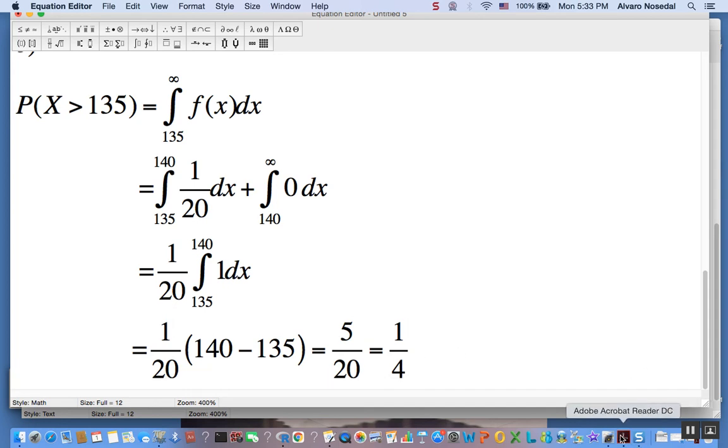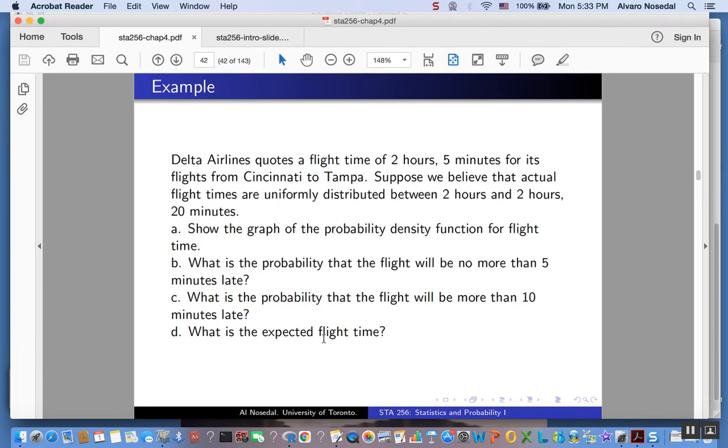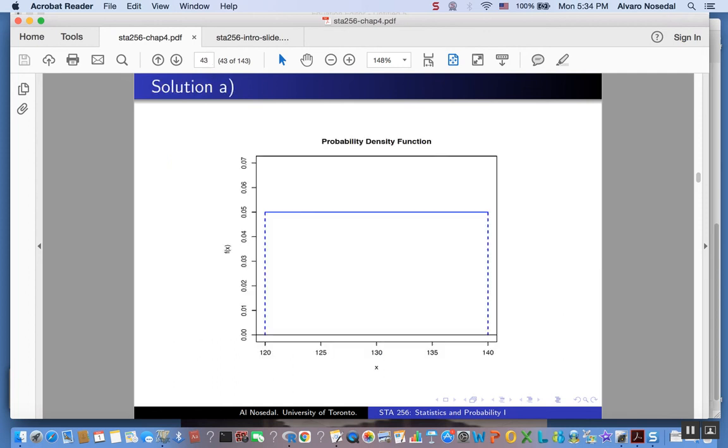Okay, now let's do the other part, expected flight time, right? And now here, let me remind you what the graph of the PDF looks like. We know that the expected value is a measure of center. So the center of this seems to be 130, and we already have derived the formula for the expected value of a continuous uniform random variable.